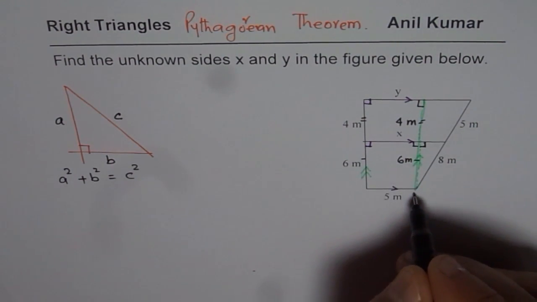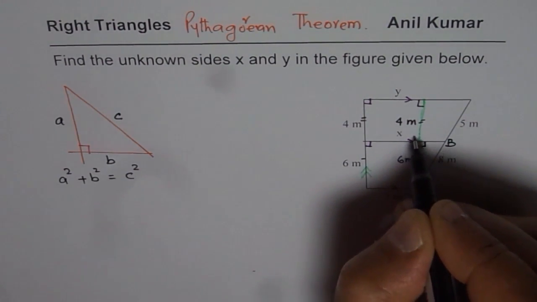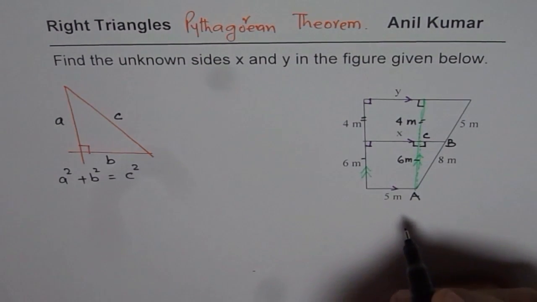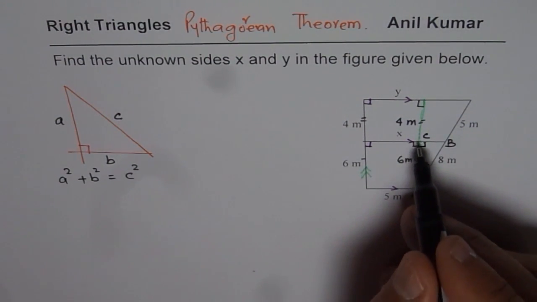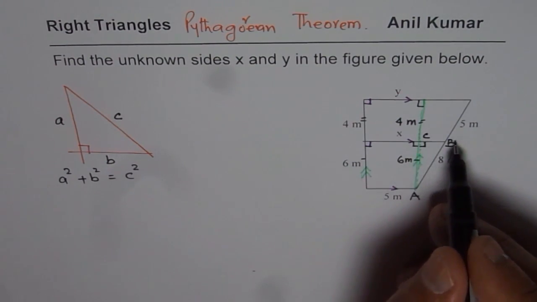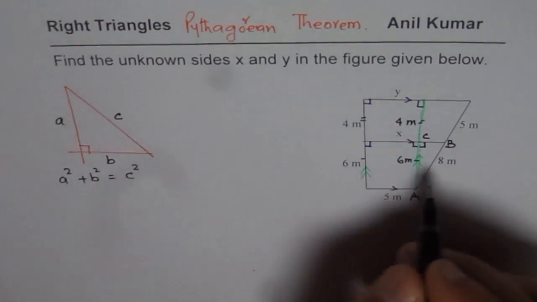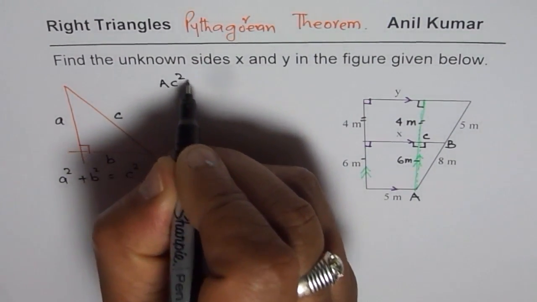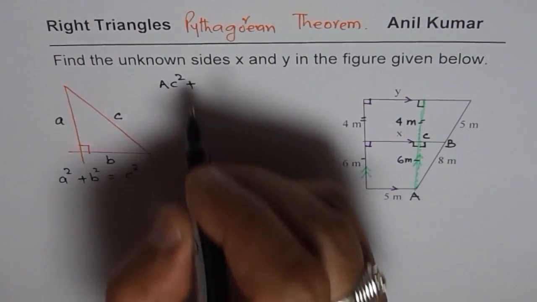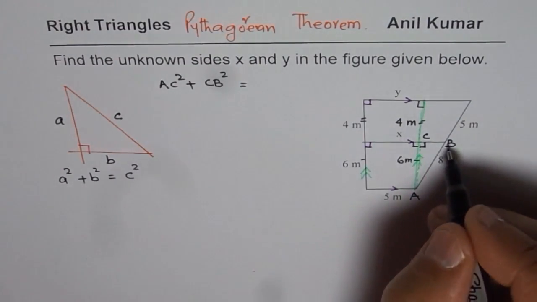Let me name the triangle as A, B, and let this point be C, correct? So in that case, we know that AC square plus CB square is AB square, right? So we can write this as AC square plus CB square is equal to AB square.